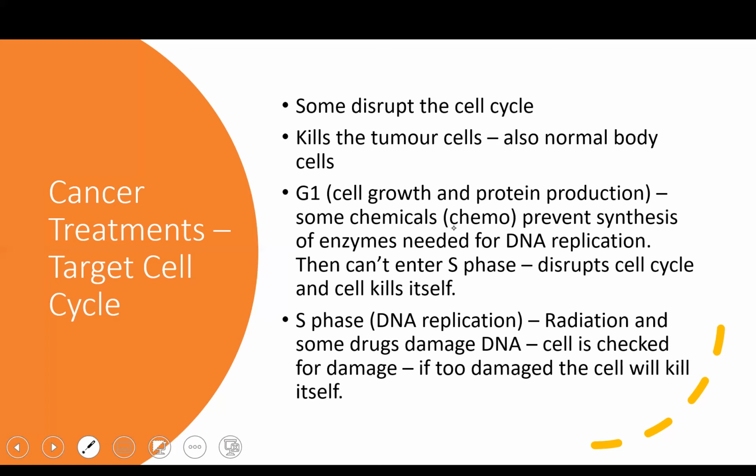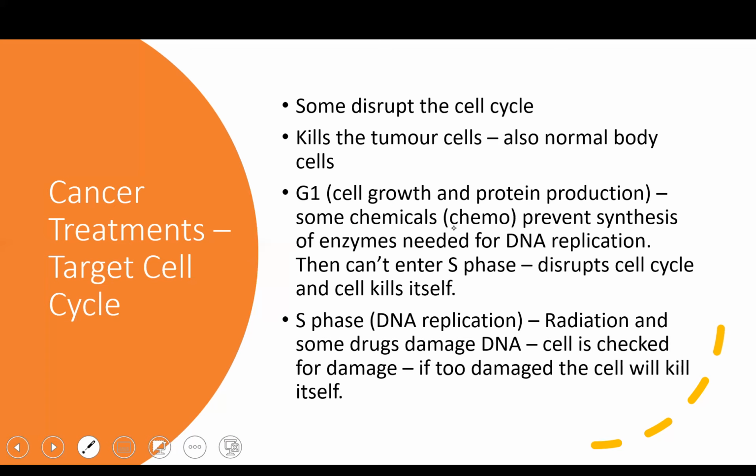Normally in G1 we've been making those enzymes that we'll need for DNA replication. Chemotherapy can actually stop this synthesis. If these enzymes aren't produced, the cell is then unable to enter the synthesis phase, the S phase, that DNA replication phase. That disrupts the cell cycle and then will force the cell to kill itself.